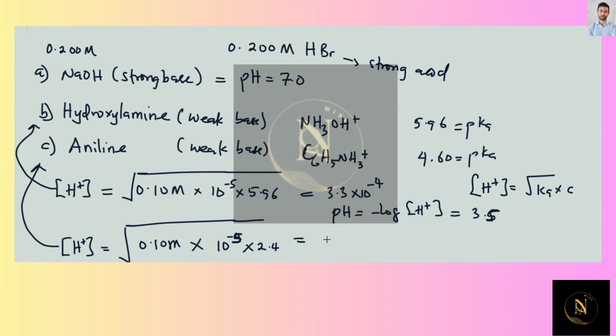So that is 0.00155. Then pH will be the negative logarithm of 0.00155, so that is 2.81.